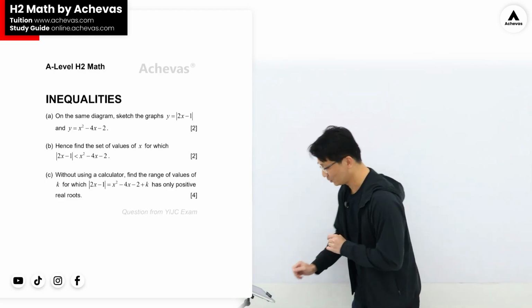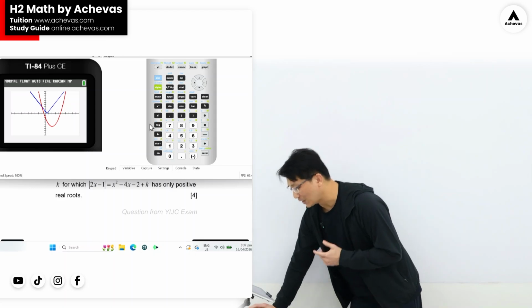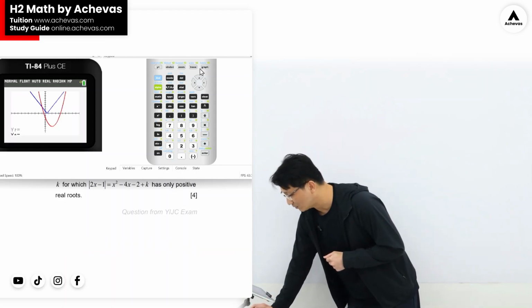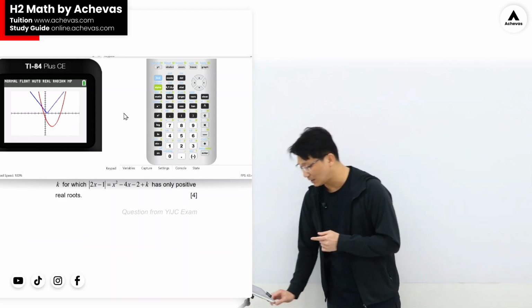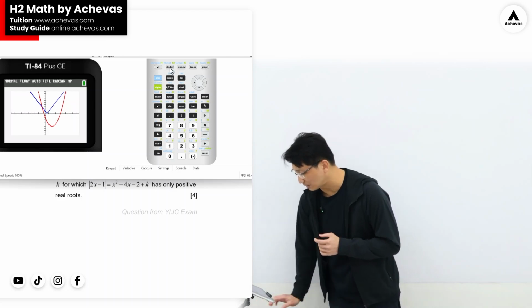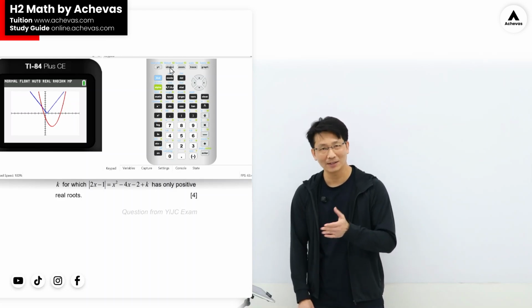So in this case, we are going to use our GC to sketch out these two graphs, which I've already done. Let me just show you the equation that I've keyed in, and this will be the graph. This is the default screen, and we can see that there's possibly another point of intersection somewhere here, because our window settings by default is from -10 to 10 for both the x and y axis.